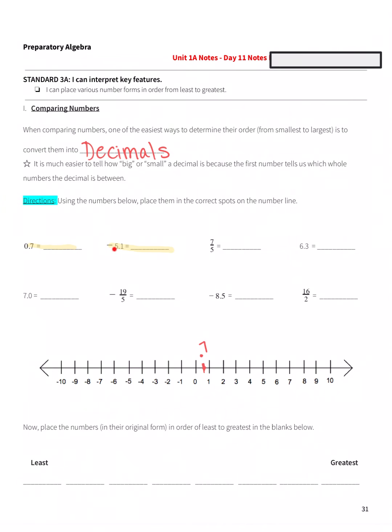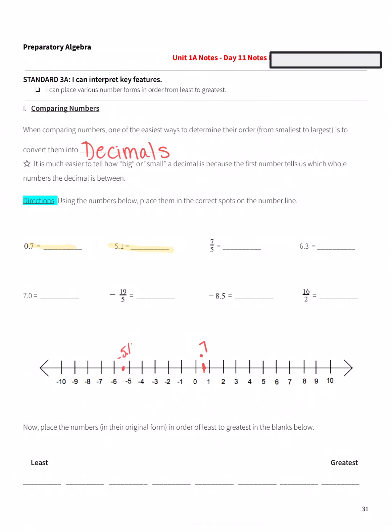We have a -5 here, -5 and 1/10. That's between -5 and -6. And that's -5 and 1/10. Perfect. Moving on to the next one.